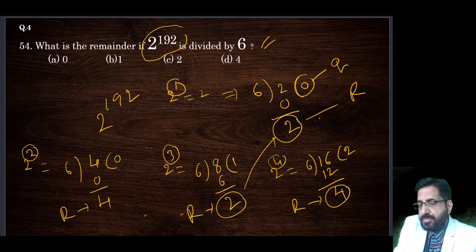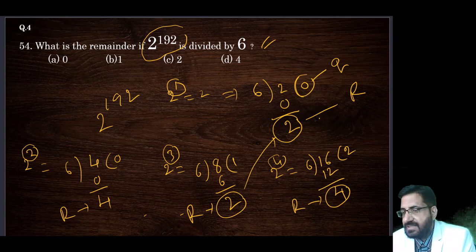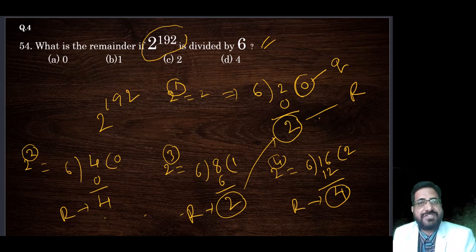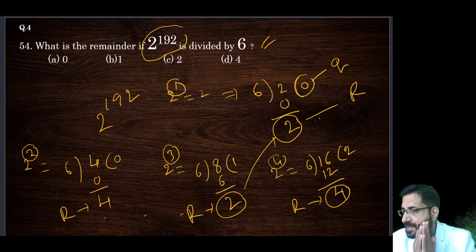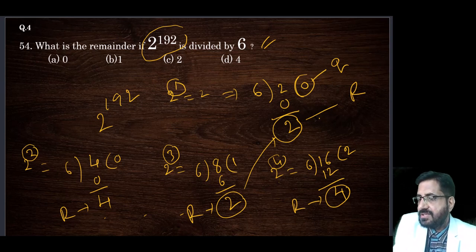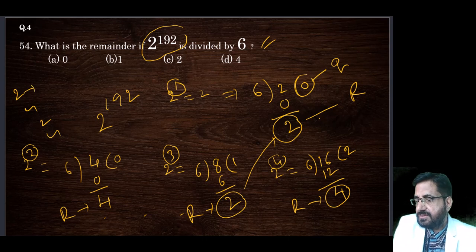So when the power of 2 is even, you are getting 4 as remainder. When the power of 2 is odd, you are getting 2 as your remainder. So this 2 4 2 4 will continue. This is even, you are getting 4 as your remainder. Okay.